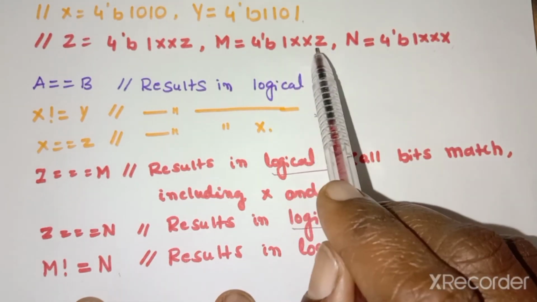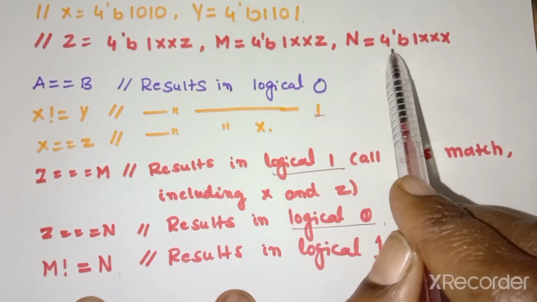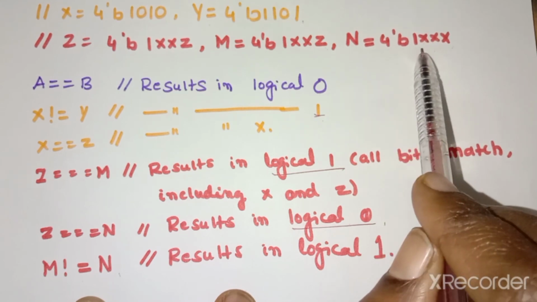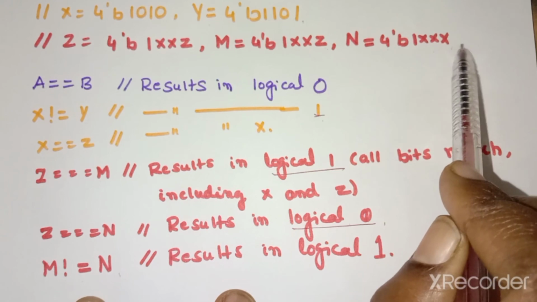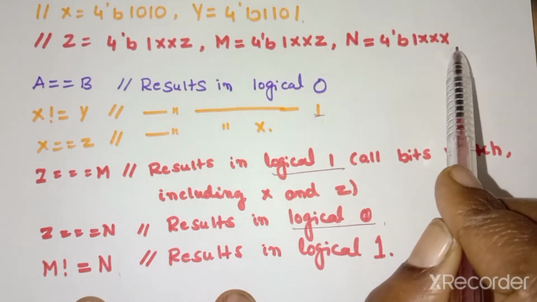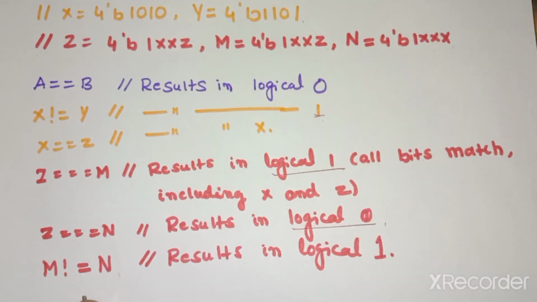M is equal to 1xxz, and n is equal to 1xxx. You check bit by bit, are they equal? No. That means this is a true condition because it is inequality only. They are saying that m is not equal to n. The condition is true. So it is going to give you logical 1.